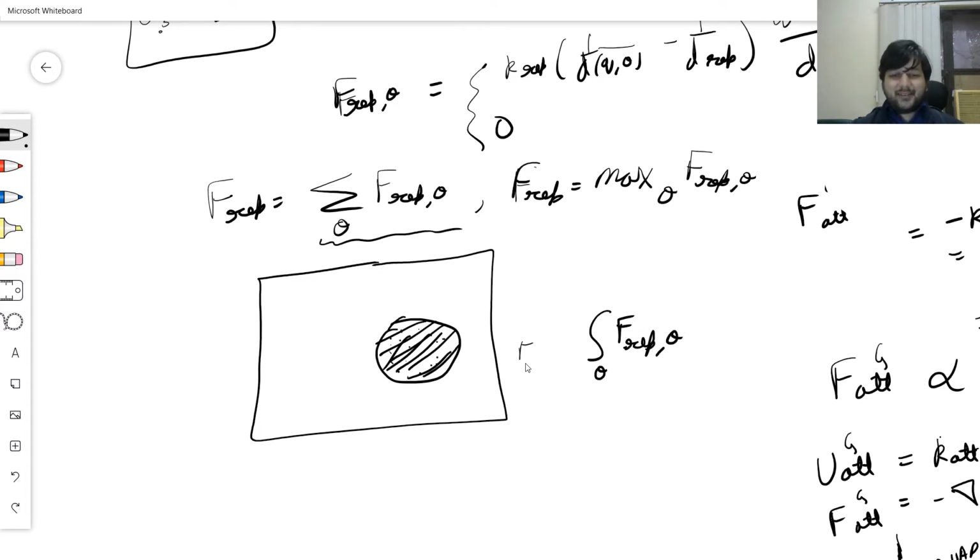Now that gives me the F repulsion. Most of the time, practically, this obstacle's boundary is not known. I don't even know the boundary. So if I don't know the shape, how will I do this integral?